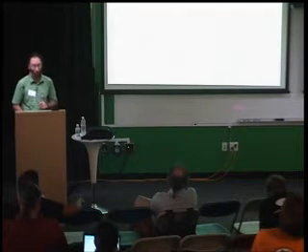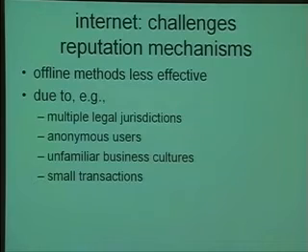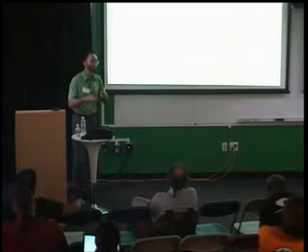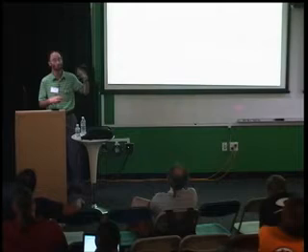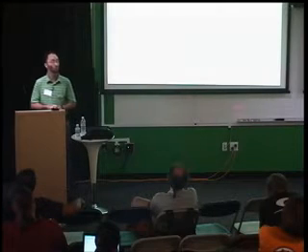The internet also provides challenges for reputation mechanisms compared to what we might be used to traditionally. In particular, you might be dealing with people in very different legal jurisdictions. This is, again, similar to what these medieval merchants were dealing with. If you're French and you don't trust whether the legal system in England, say, will help you.